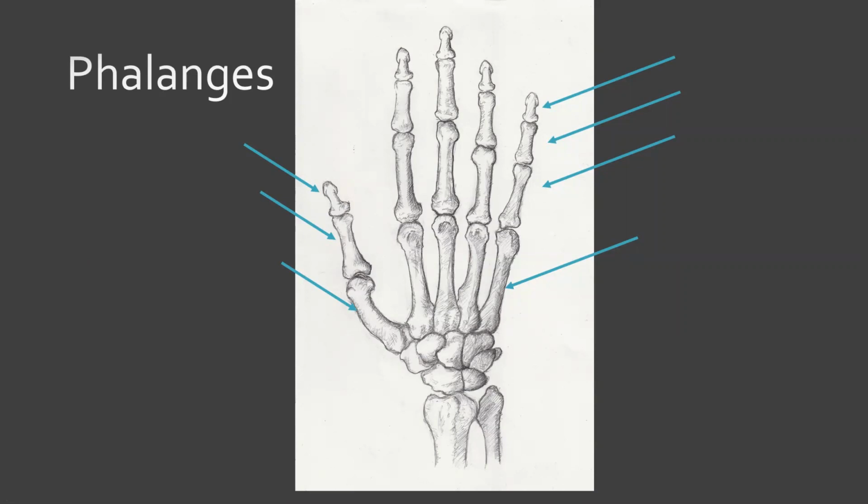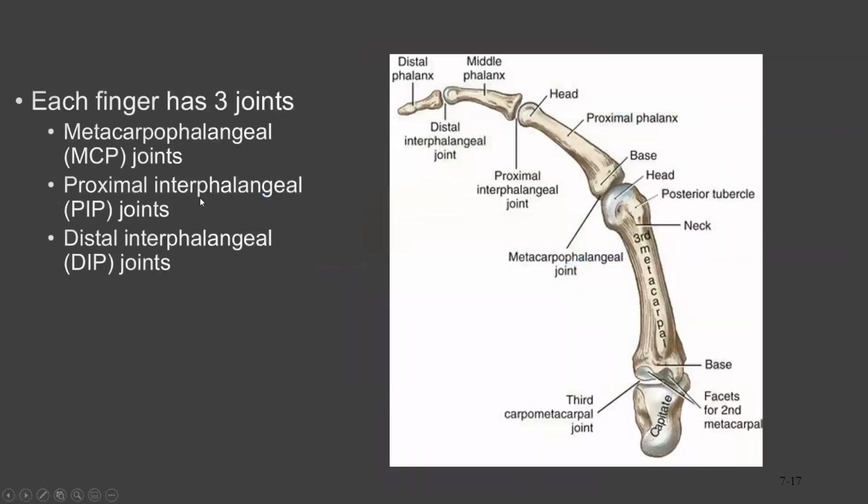Phalanges or fingers, great. Now, when we talk about the muscles here, we'll see that all the muscles just pretty much are named after whatever they act upon. So they tell you exactly really where they are and what they do just by the name itself.